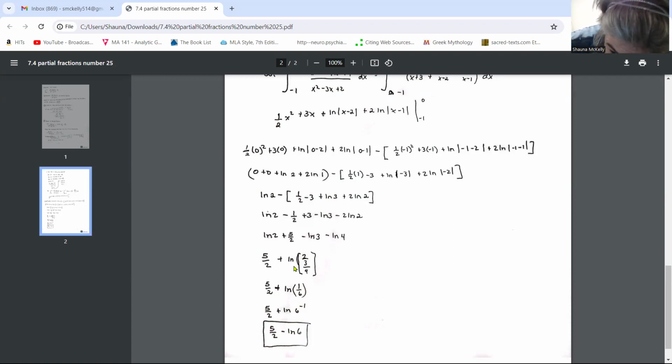And so we have -1/2 plus 3 is 5/2, and then the log of 2 minus the log of 3 is 2 divided by 3, divided by 4.